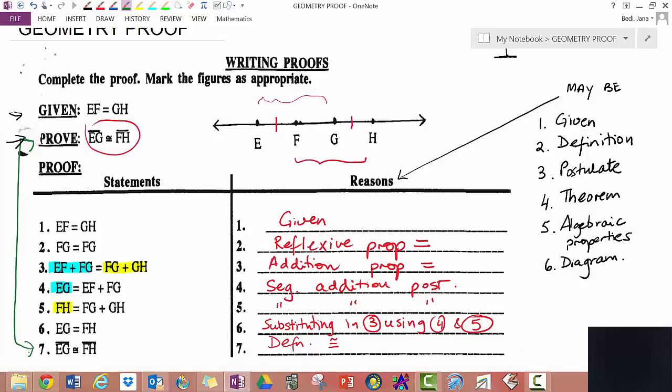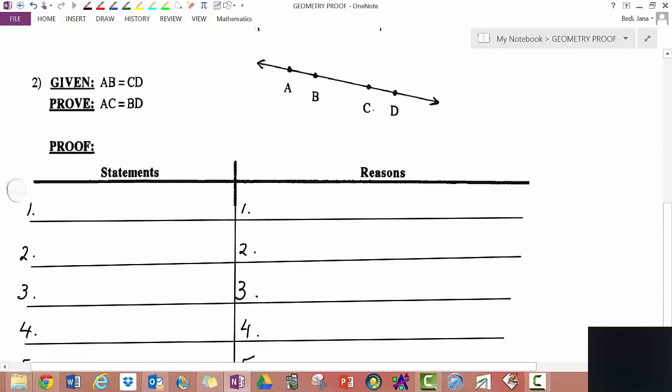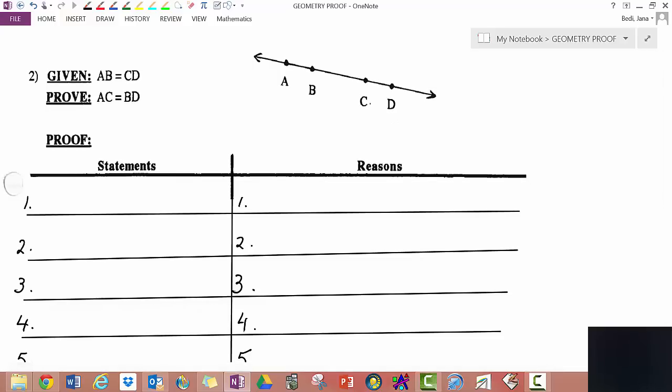Now what we're going to do is move on to a proof which we are going to do from scratch. We're just going to brainstorm it. We will not be given any statements or any reasons, but not to worry. Let's look at this proof. Okay, what are we given here? Same thing.